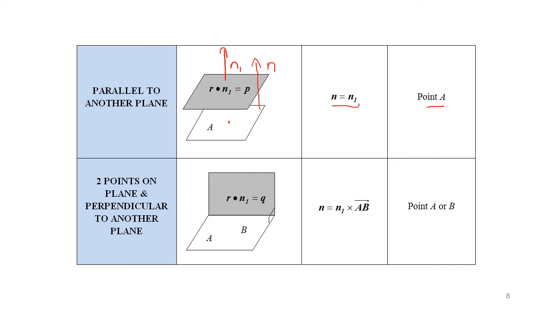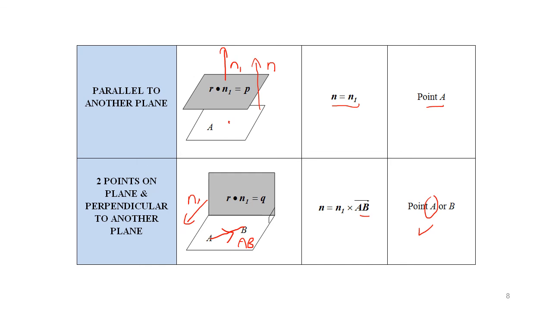And then for the fourth situation, 2 points on the plane and perpendicular to another plane. So here the situation. So we have point A and point B. So let's say we find out vector AB, right? So firstly, we choose point A as our A, and then we find out vector AB. And then next, from another plane that's perpendicular with our plane, let's say N1.